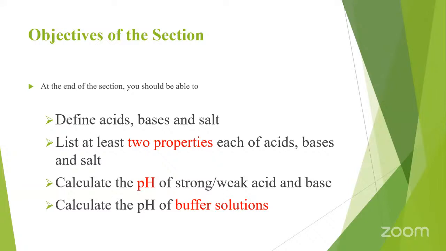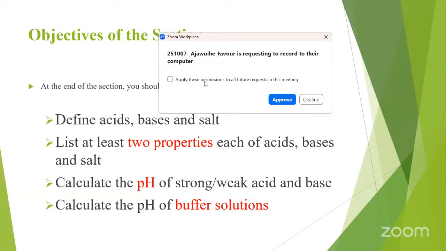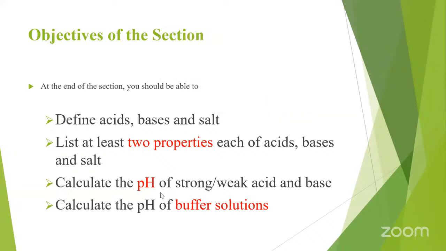And can we even calculate the pH of a buffer solution? What is a buffer solution? What does it mean? What do we use this for? What are the applications? And how can we, using calculation method, determine the pH of a buffer solution?